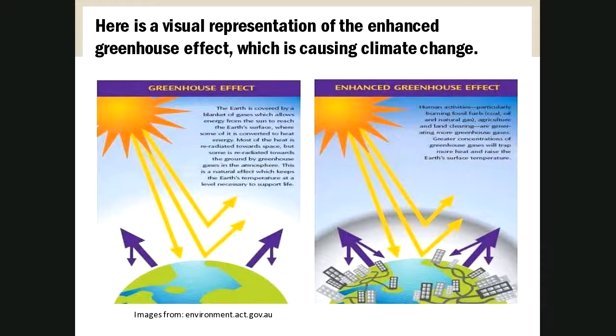But the more blanket, or the more gases that we put into the air, it basically shields the sun rays from being released away from the earth, and therefore you get increased temperature. A very simple way of thinking about it. There's a lot more to it, but we'll just stay with that for now.